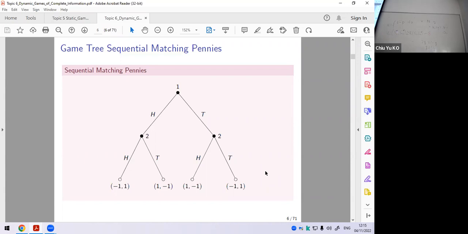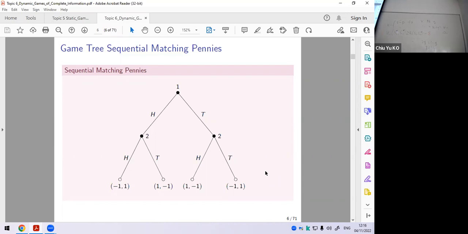But very often, sometimes you may not even see this. Some people will describe a two-stage game. In the first stage, they play Cournot; in the second stage, they play Bertrand. That is still a two-stage game. Or in the first stage they play rock, paper, scissors, and in the second stage matching pennies.